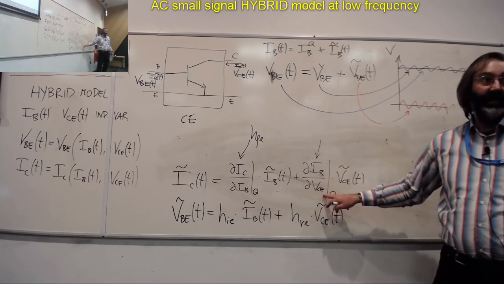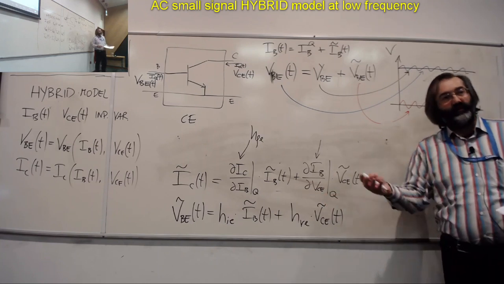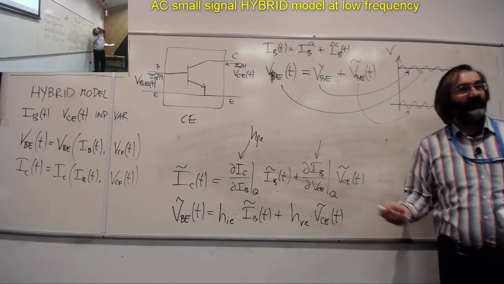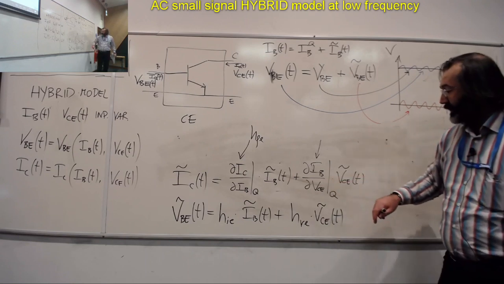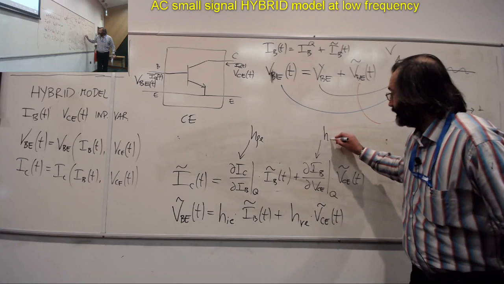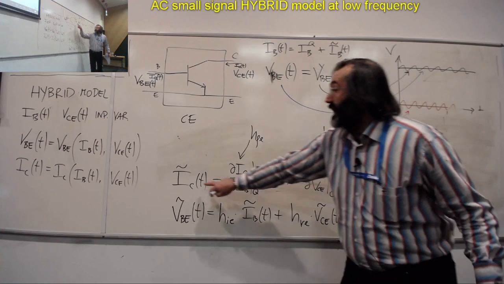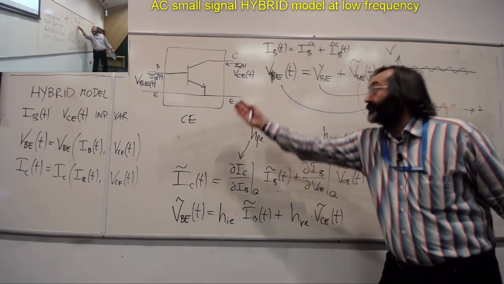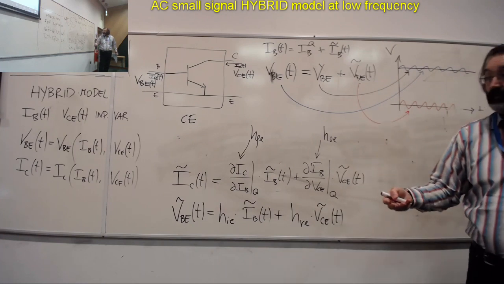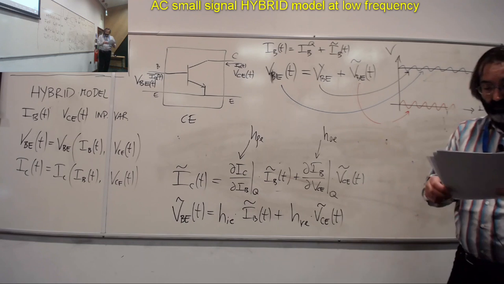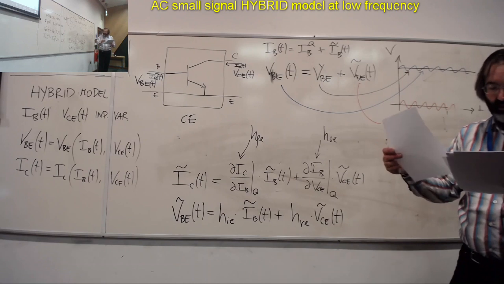So this immediately is the inverse of a resistance, a conductance, or an admittance if you want to look at it from the impedance point of view. This is indicated as HOE, output, because it relates to IC, so it is related to the output port, and represents a conductance. We will see in a moment the value. If I remember well, this is quite small, around 10 to the minus 6.